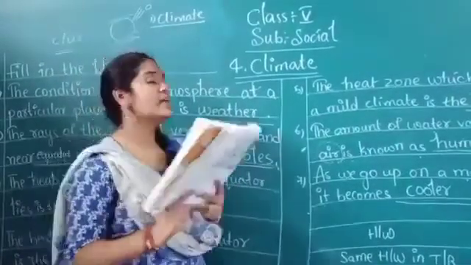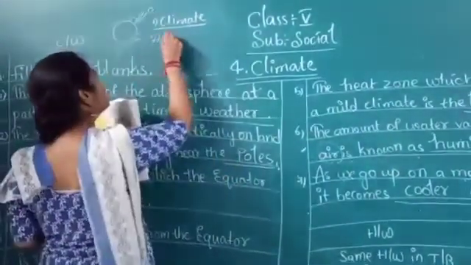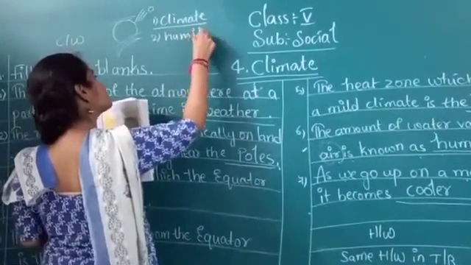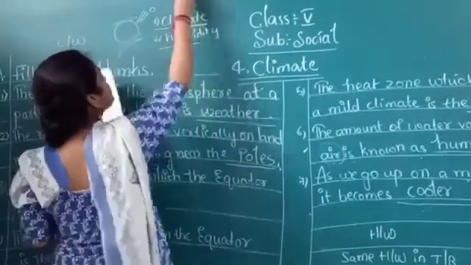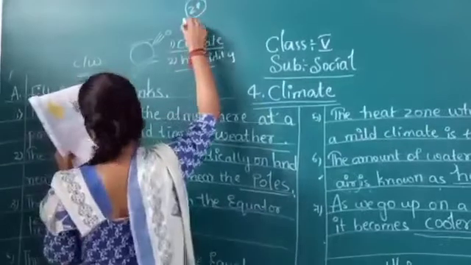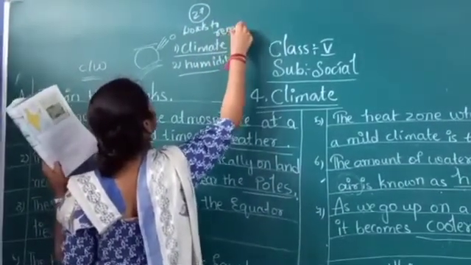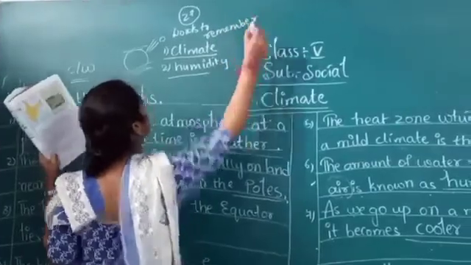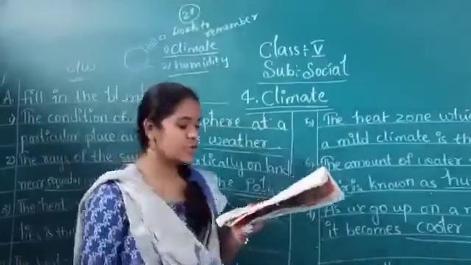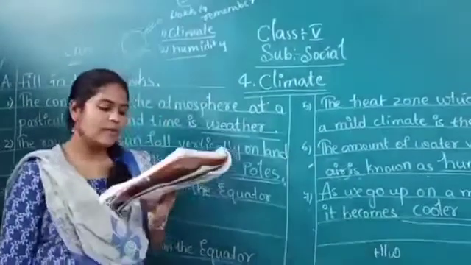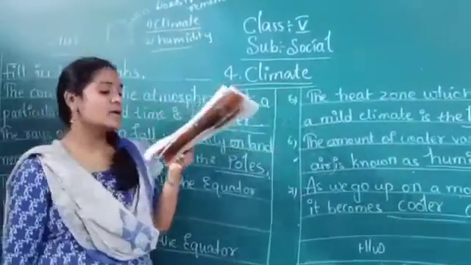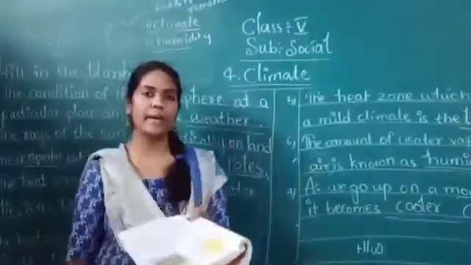Okay. Next is humidity. This is page number 27, words to remember. What is meant by humidity? The amount of water vapor in the air.